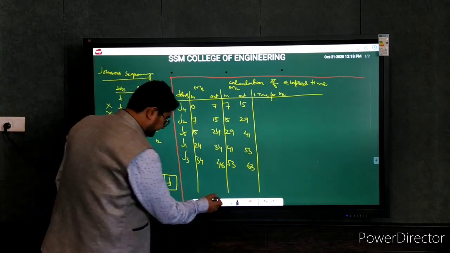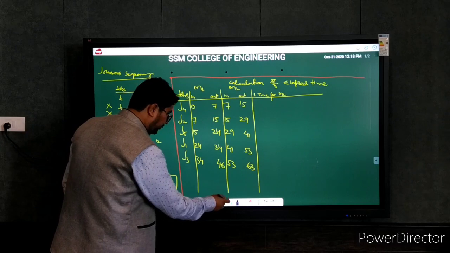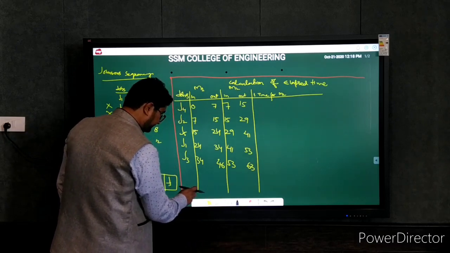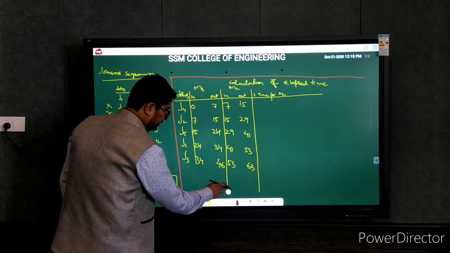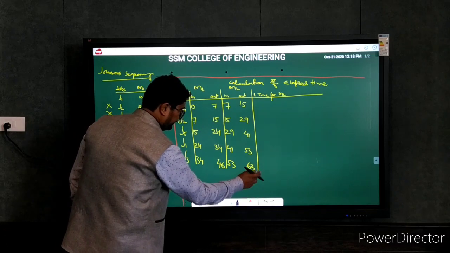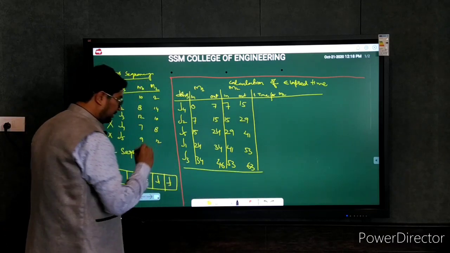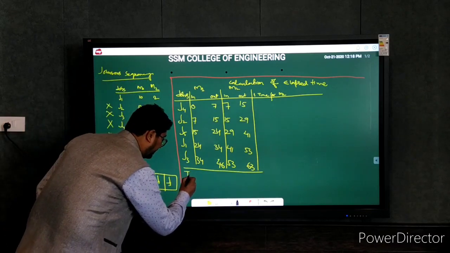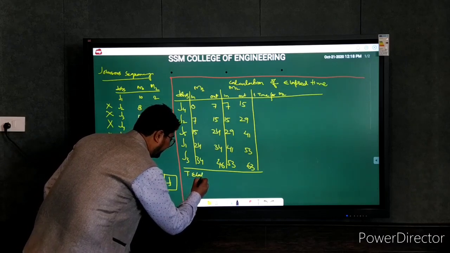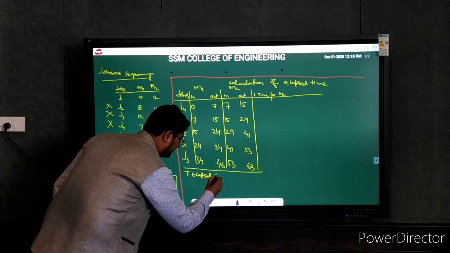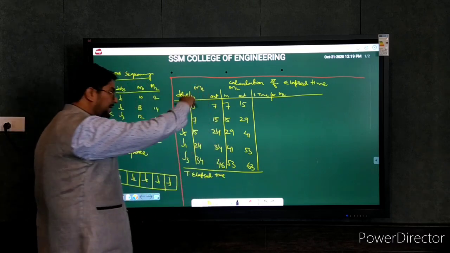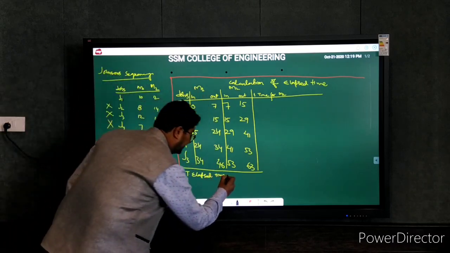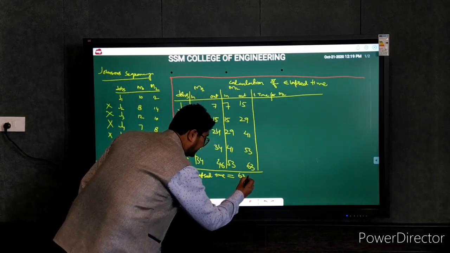We can write here: total elapsed time to complete all these jobs is equal to 63 hours.